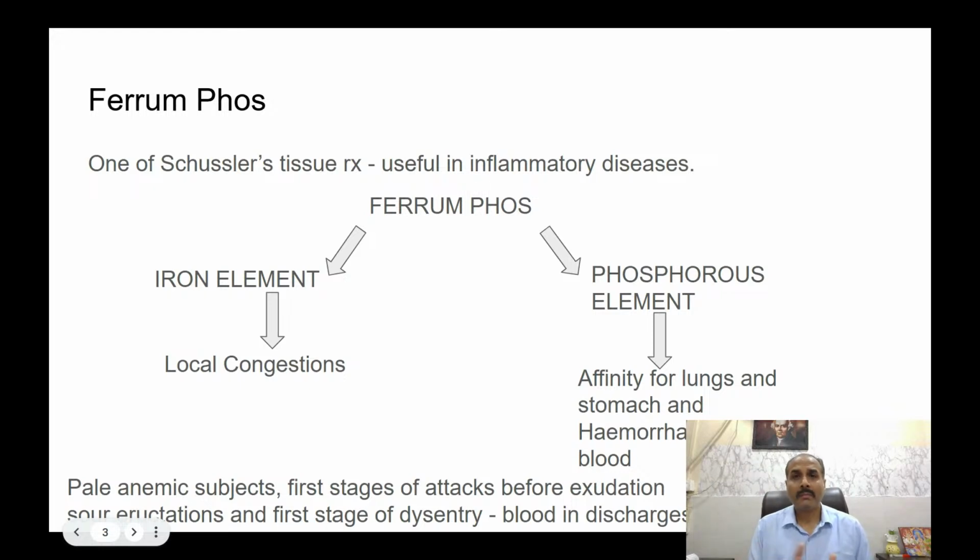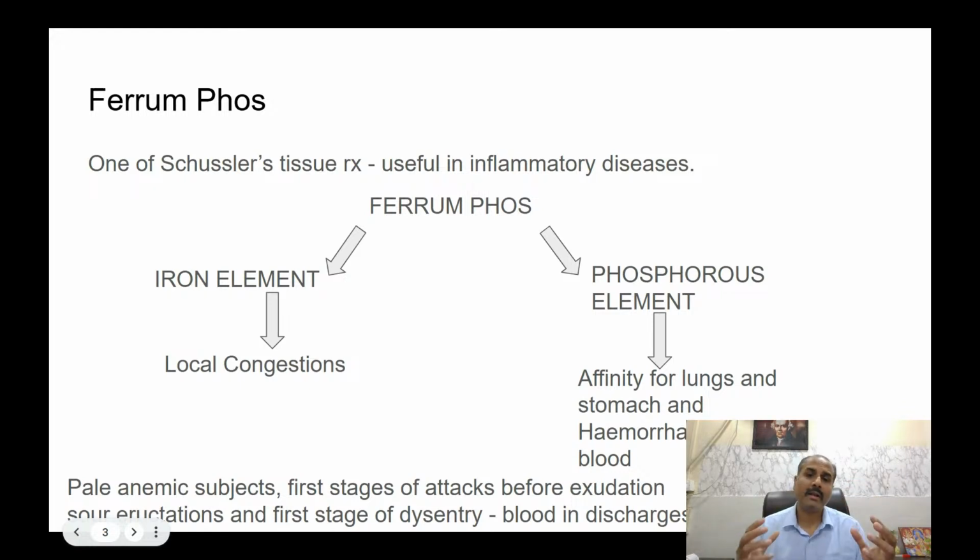The first line he mentions is that it is one of Dr. Schussler's tissue remedies and useful in inflammatory diseases. Now, when he goes to explain about ferrum phos, he knows that it is composed of two elements. So he starts thinking about ferrum phos as a remedy which has two components.